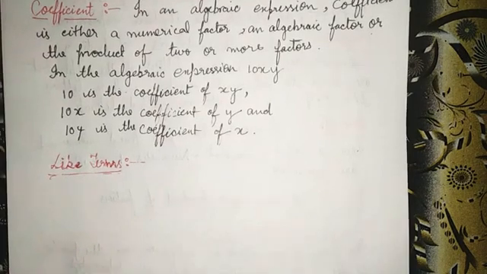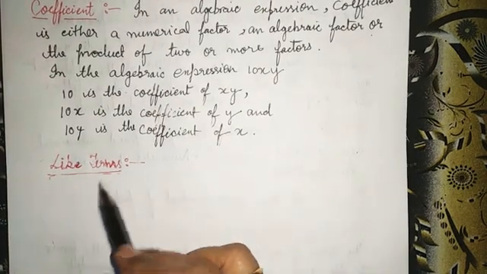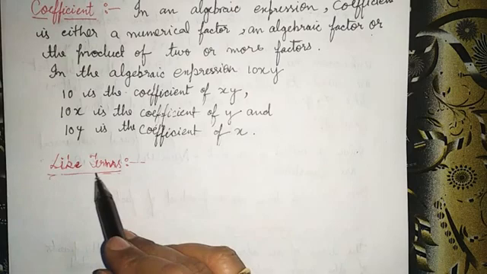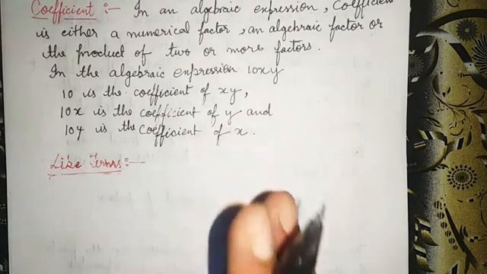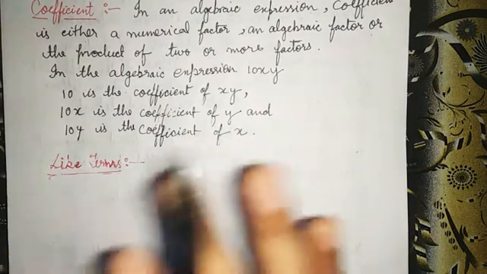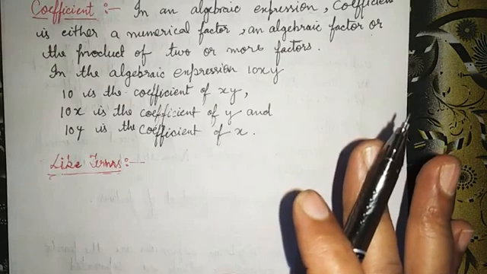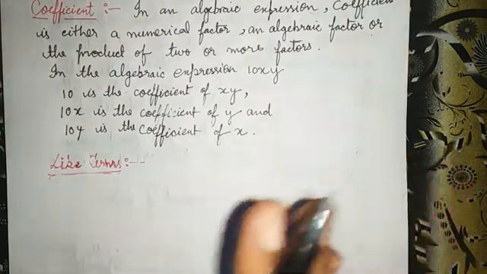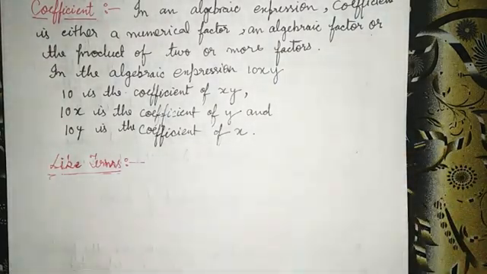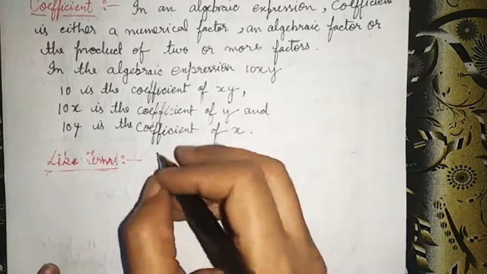Now children, I am going to tell you about like terms. Like terms means terms having the same literal factors. I think now you are clear about literal factors. So children, terms having the same literal factors are called like terms.